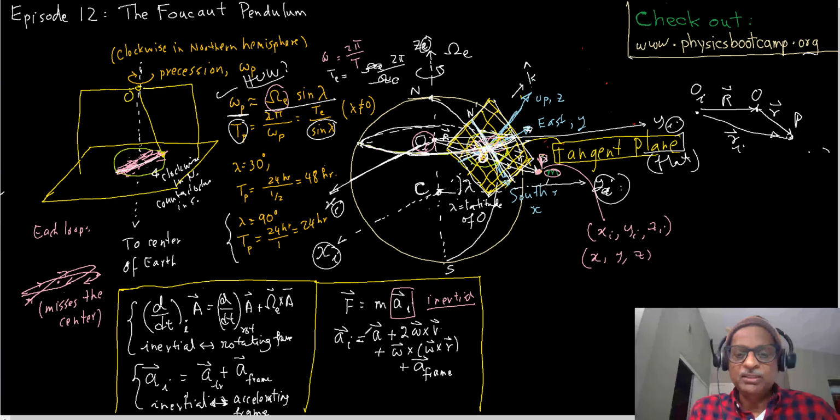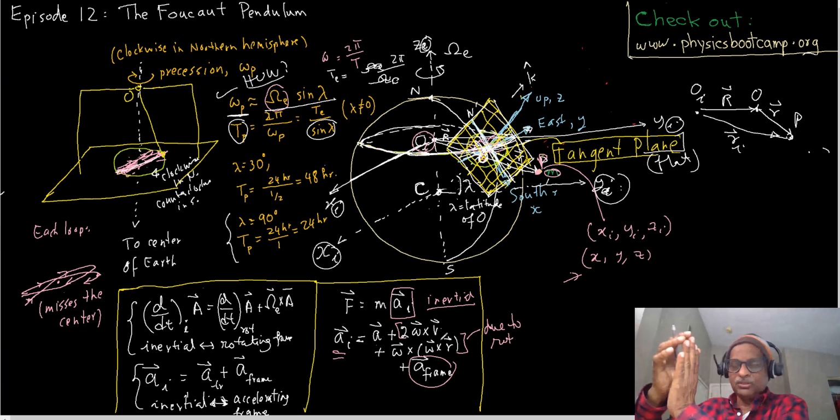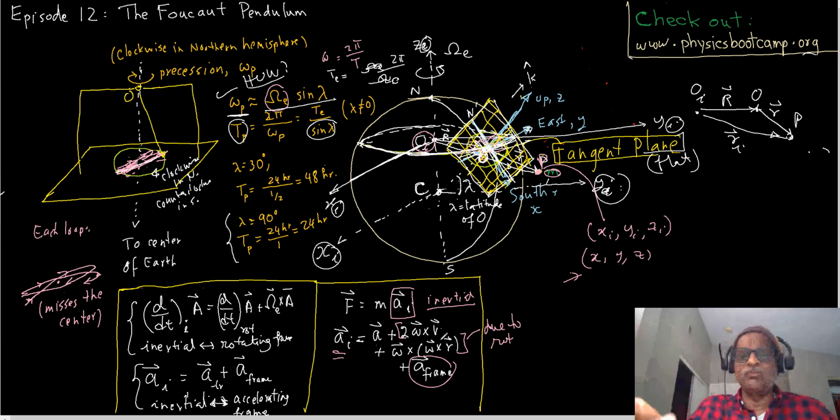So this can be shown to be the acceleration for these coordinates plus this effect due to rotation. This is due to rotation of the frame. And then if the frame is translating, it's also accelerating in a translational way.